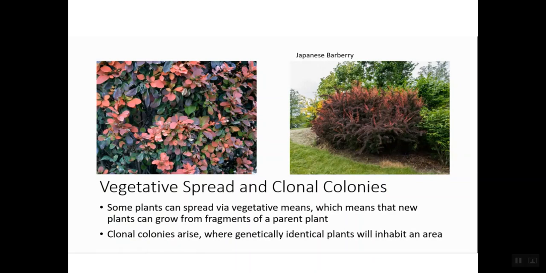It can form what's called clonal colonies, so it's likely that this bush on the right side of the screen is all genetically similar. You don't even need pollinators for this process to happen.